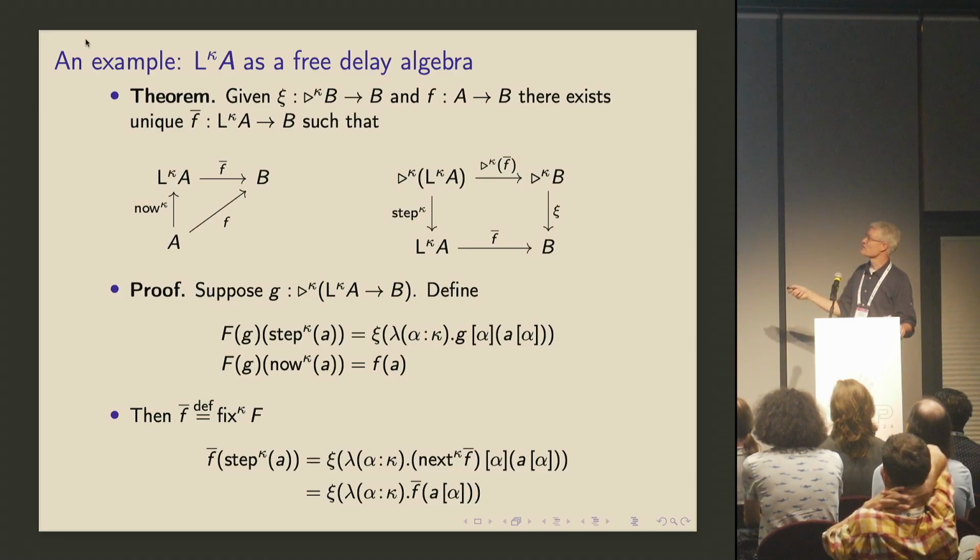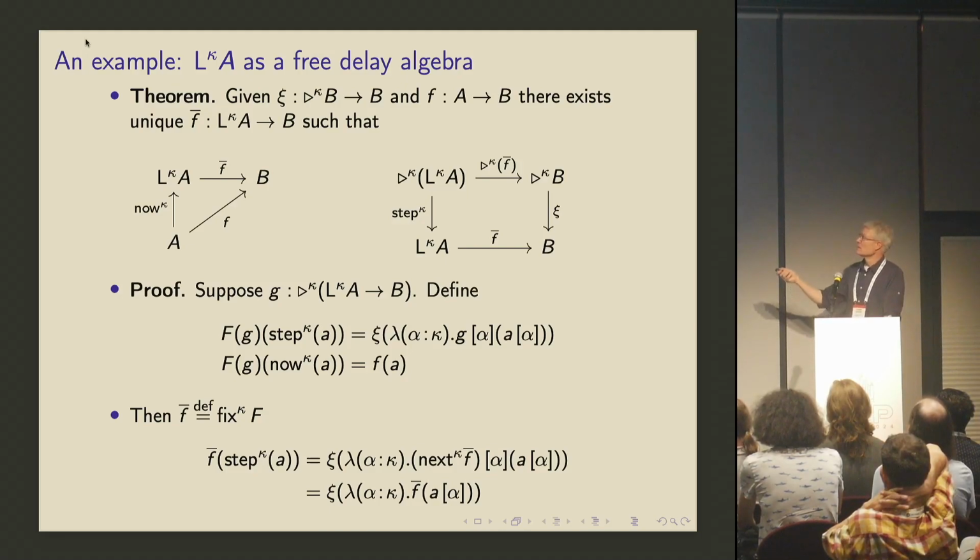If it's a step, then what I do is I want to apply this psi here, and I can apply that to some delayed data here. And once I have this tick alpha in hand, I can open the g to get a function from L kappa A to B, and now I can apply it to a of alpha. a was also delayed data.